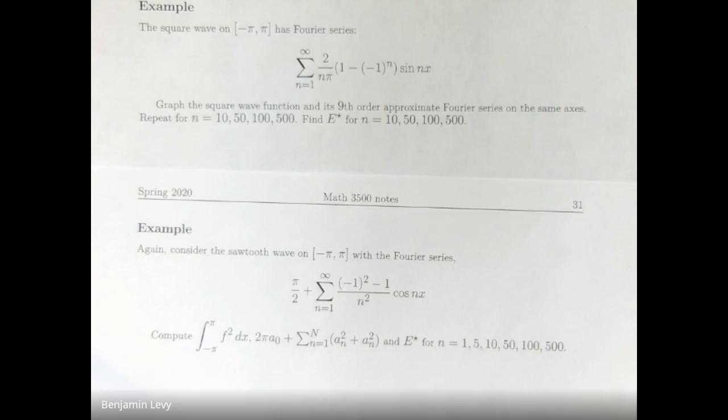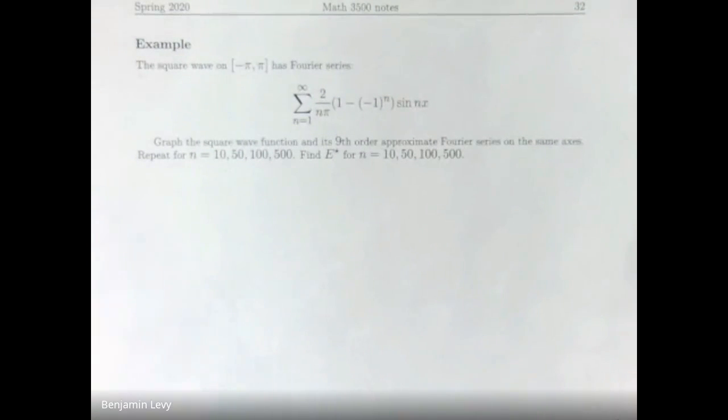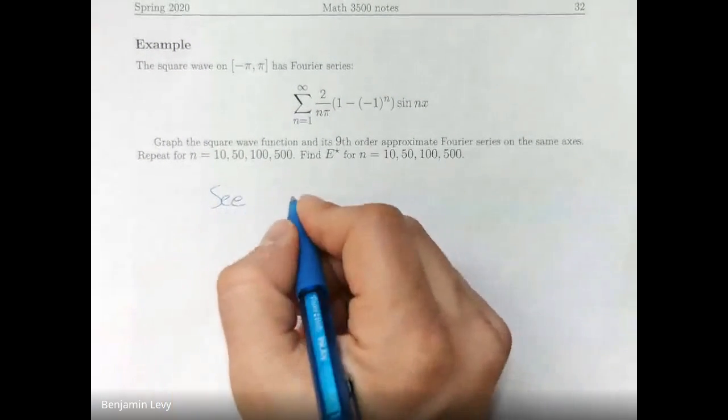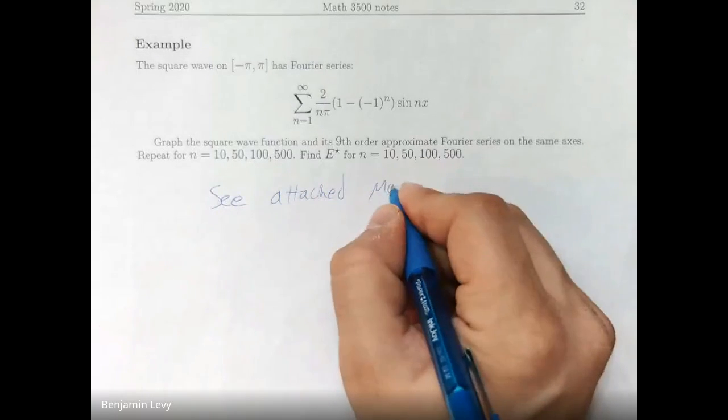So let's look at 31. Let me just say something about 30. Let me do page 32 first. For this one, I'm going to switch over to Maple, and I'll actually print out and attach some Maple output.